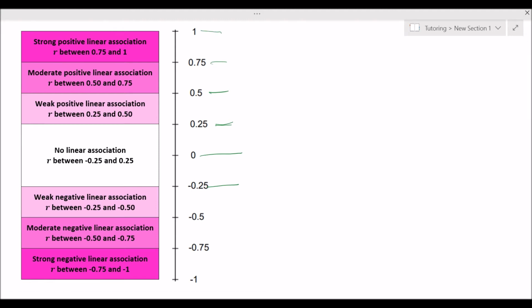That would be a perfect straight line, which you would only see in something like Unit 3, Topic 3, where we do arithmetic sequences and you get perfect straight lines. It's very rare in real life to get a perfect relationship. And then, of course, it's the same into the negative. As you approach 1, the relationship is stronger and stronger.